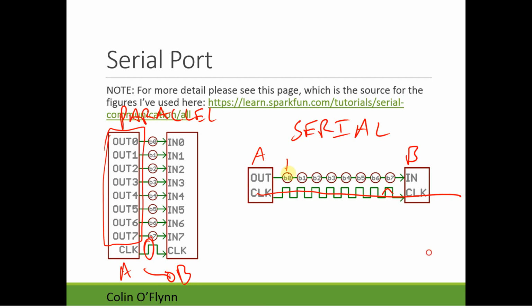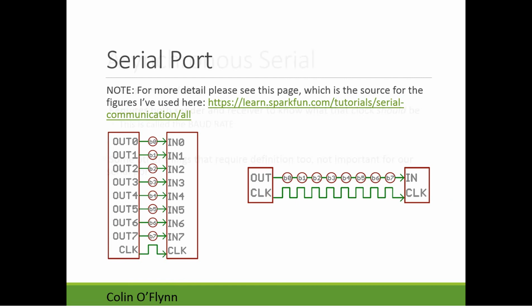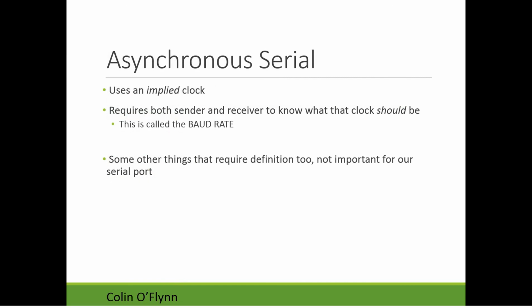So this is at 0, this is at 1 millisecond, 2 milliseconds, etc. We just use a known timing. This means that both sender and receiver need to agree on that, and this timing is called the baud rate. You'll see this in the lab, and you might have seen this elsewhere, where it calls out the specific baud rate of the system.